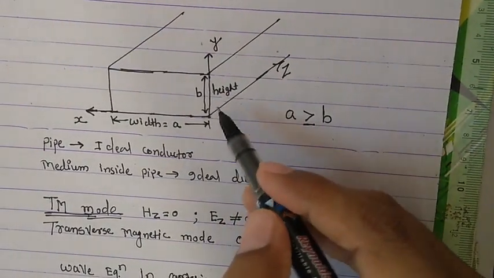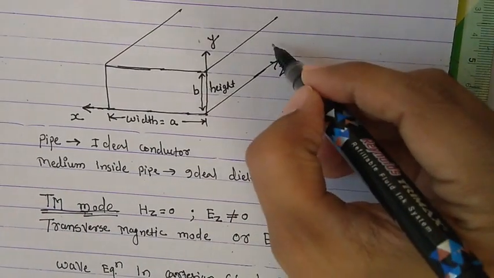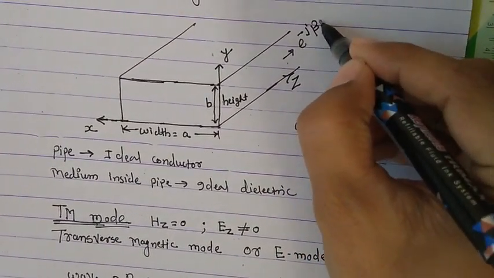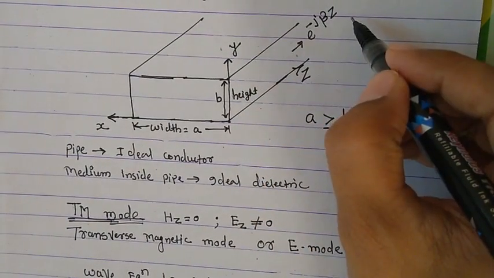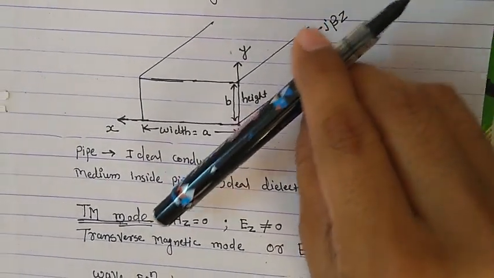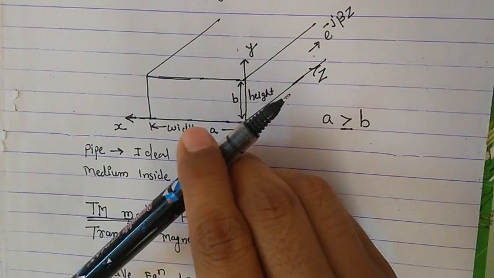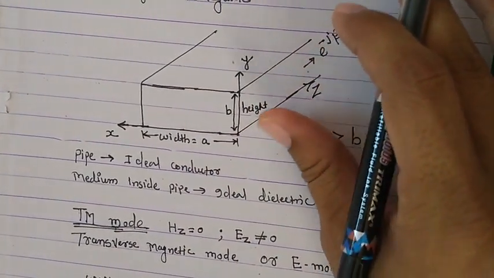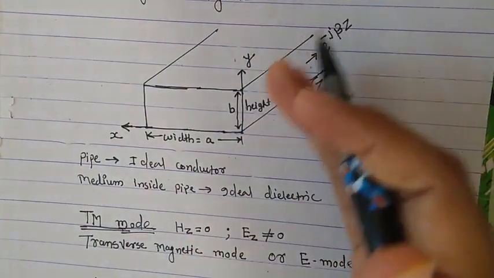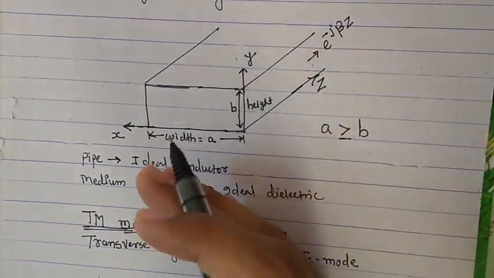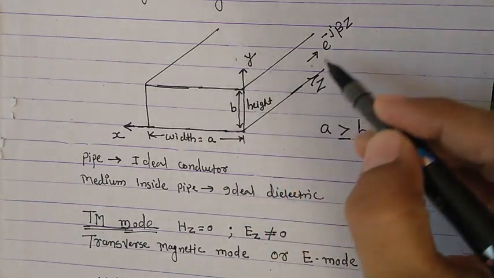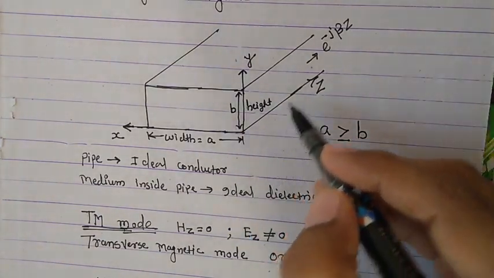The wave in the direction z will be a forward traveling wave. In the negative z direction, that is a backward traveling wave. But purposely we are considering that our waveguide is infinitely long, so there is no possibility of reflections, no possibility of backward wave propagation. So it has only the forward traveling wave, e raised to minus j beta z.